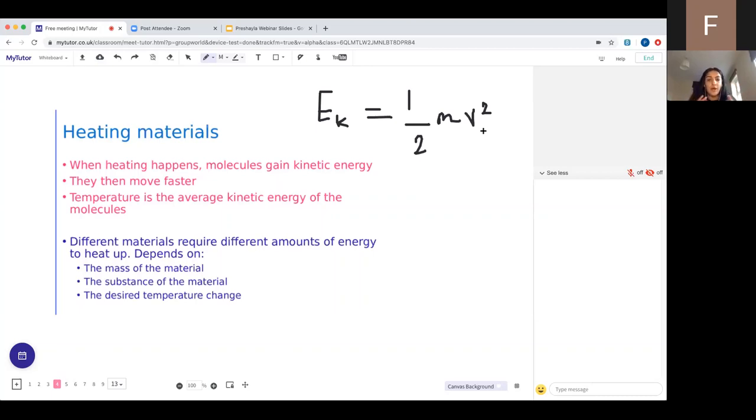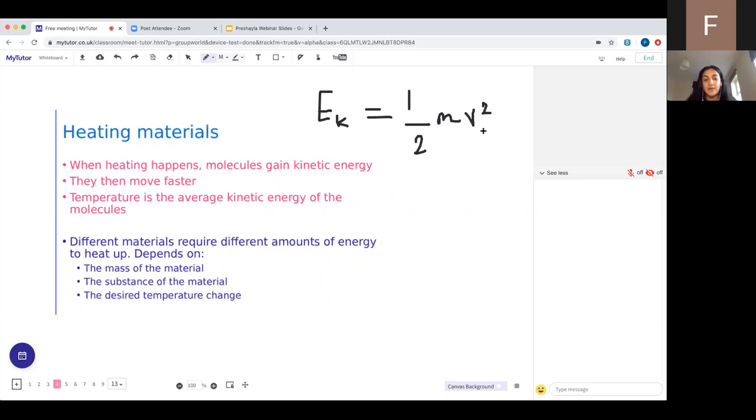Now, we know that heating a block of ice is much easier than heating a brick, for example. But why is this the case? Well, it depends on 3 different factors. Different materials require different amounts of energy to heat up.